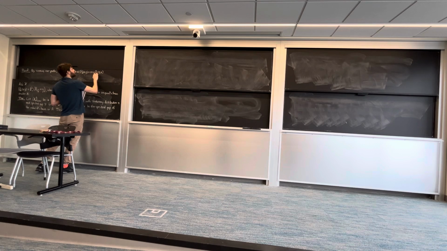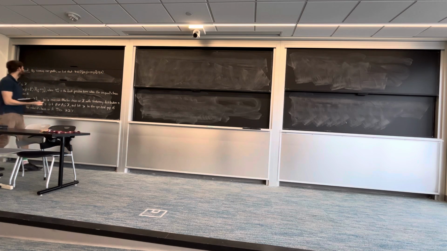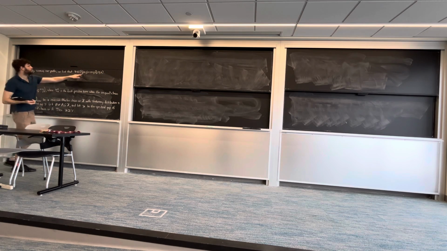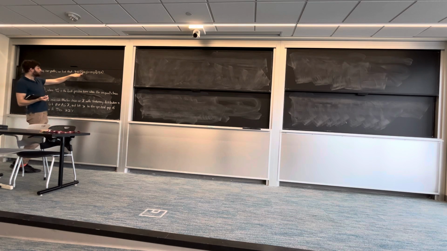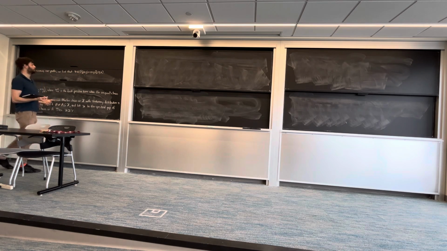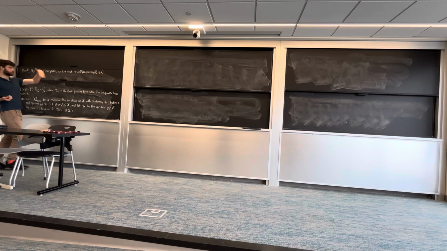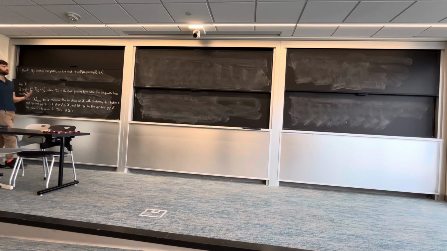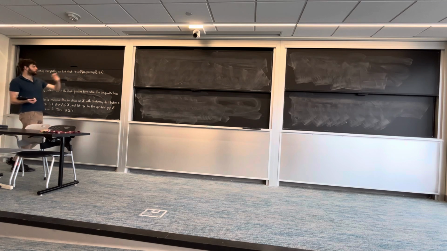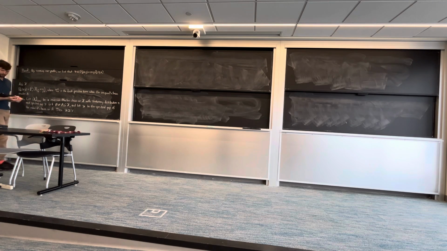The point is that this P_A of xy you could represent as a sum over paths from x to y in the original Markov chain of the probability of going along that path. If you sum this up and use the fact that the original Markov chain is reversible, then you can show that this is true.